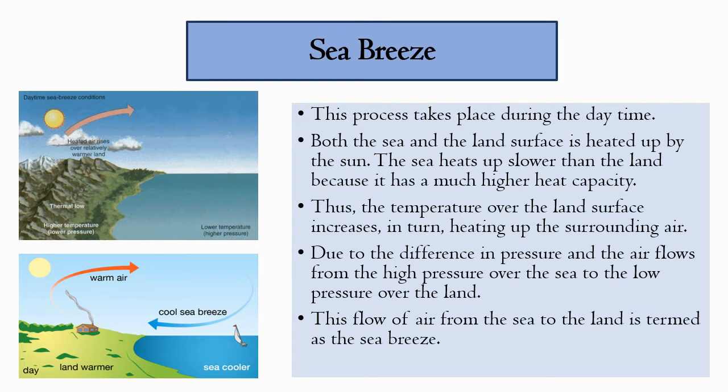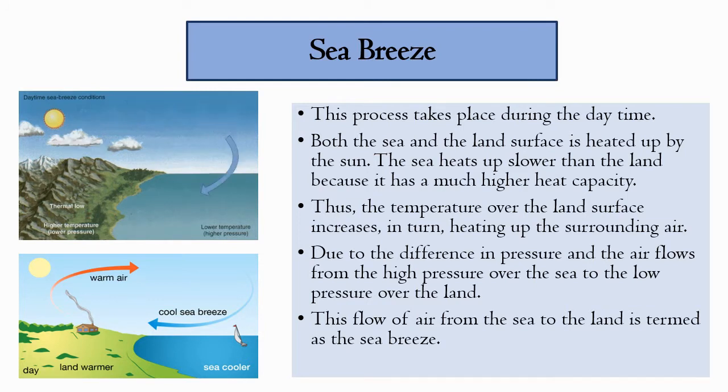The warm air over the land will rise throughout the day, causing low pressure at the surface. Over the water, high surface pressure will form because of the colder air.